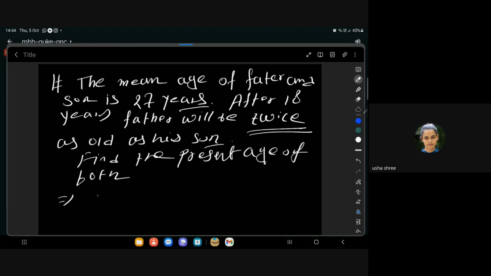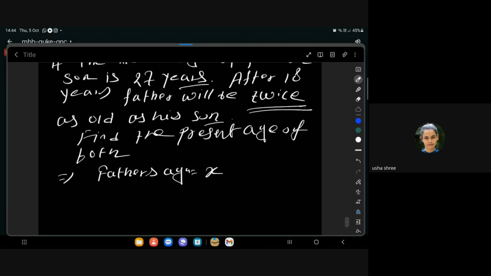Assume father's age equal to x, son equal to y. Okay, so can I write x plus y equal to 54?